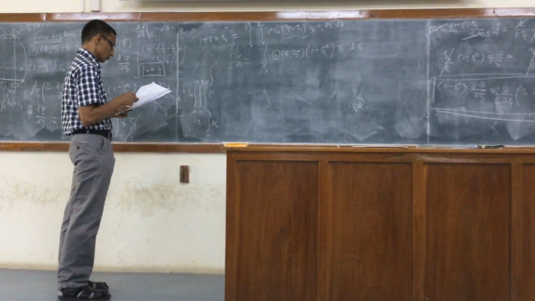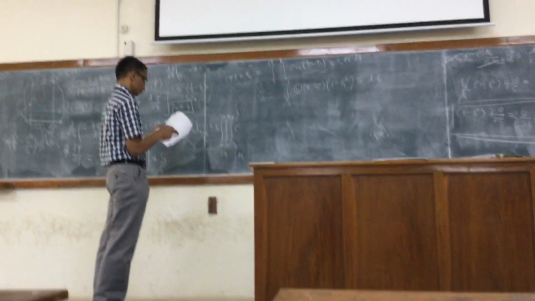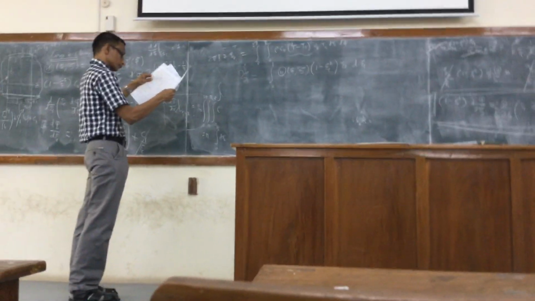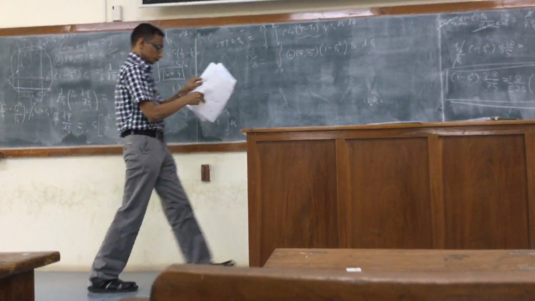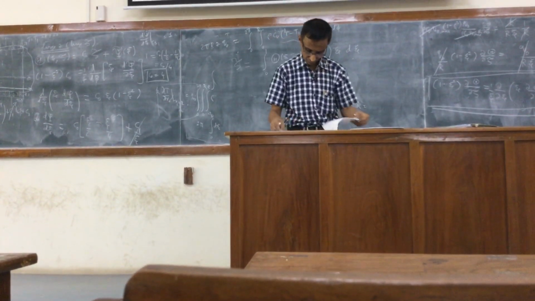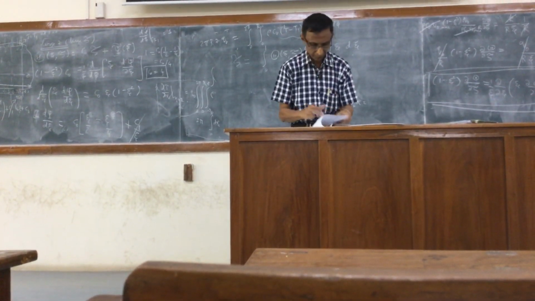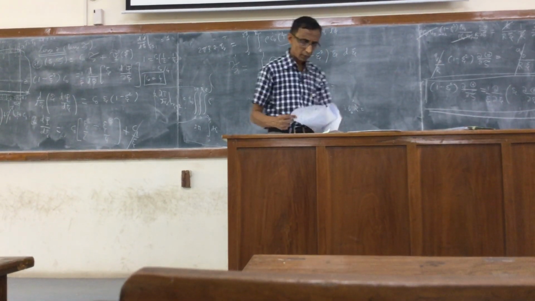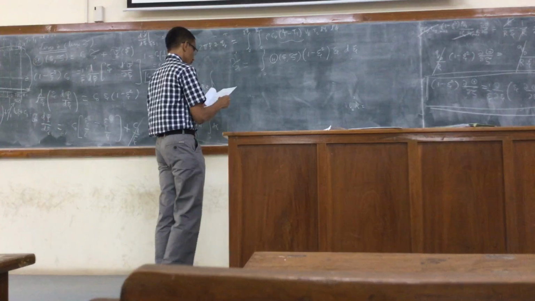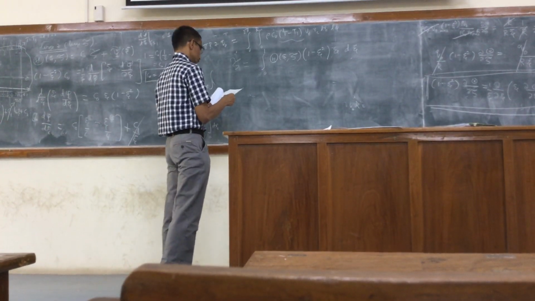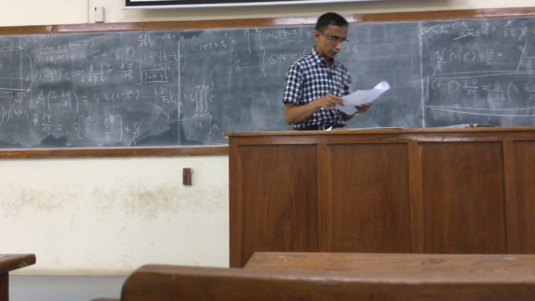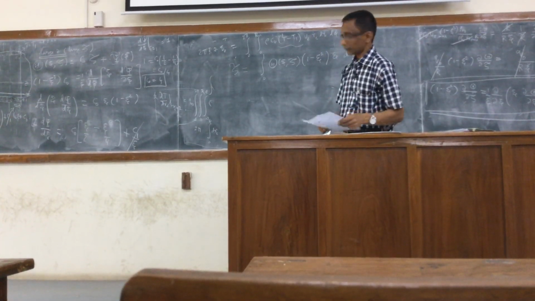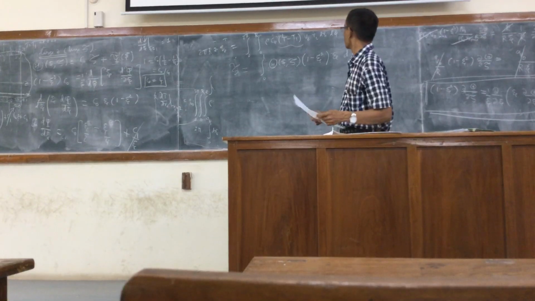Maybe k is also missing here. There must be a k here. No, k is taken care of. It's coming in the q naught, so we don't need the k. It's not going to come in.